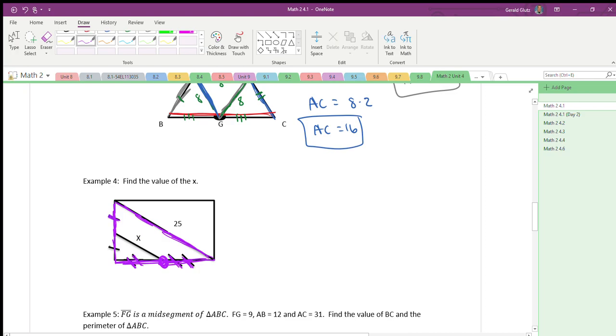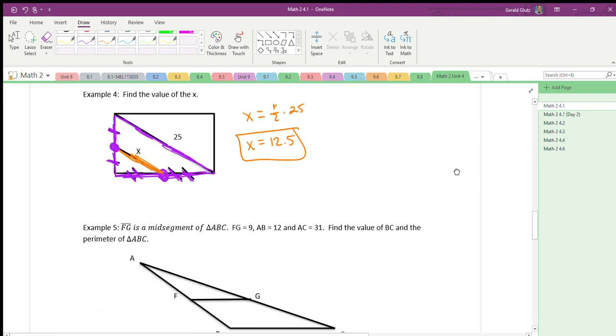And we got 1 tick mark, which tells us that those two are congruent. So this point has to be a midpoint as well. So we got a mid-segment. This orange line right here is a mid-segment. To find x, if its parallel side is 25, x would have to equal 1/2 times 25, or 25 divided by 2. So x would be 12.5.